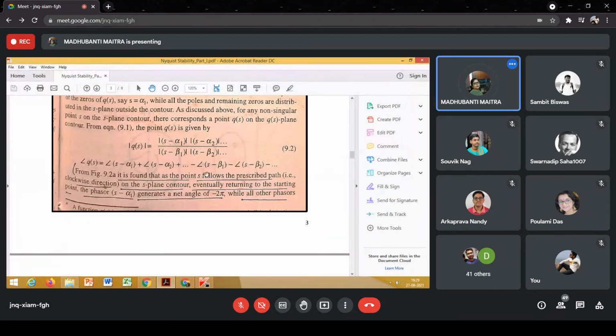You see, this value is minus 2 pi, right? But since the poles are present in the denominator, hence their angle contribution is negative. So in this case, the net change in angle, delta angle Q(S), will be simply minus delta angle S minus beta 1.